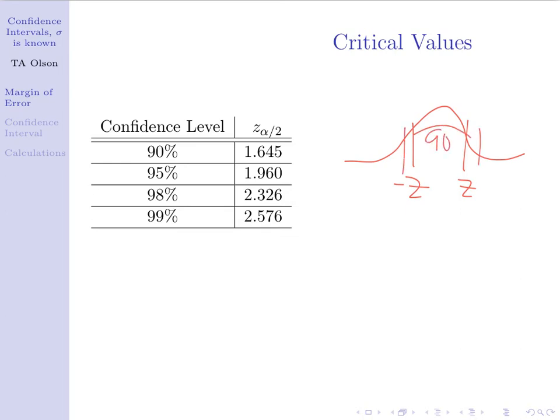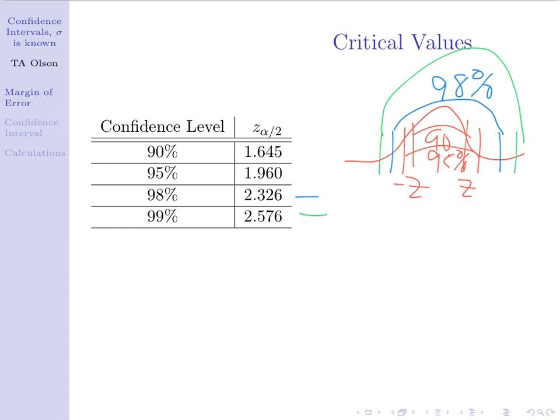For 95%, our Z's get a little farther out. 95% of the data is in here. As our confidence level increases, we capture more and more of the center in there, and we get a little wider range for our possible values.